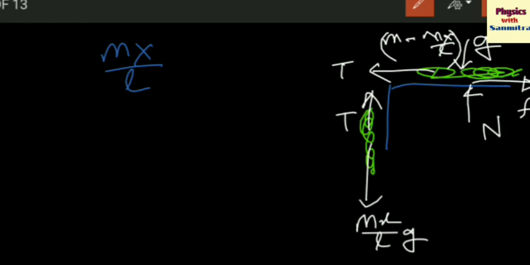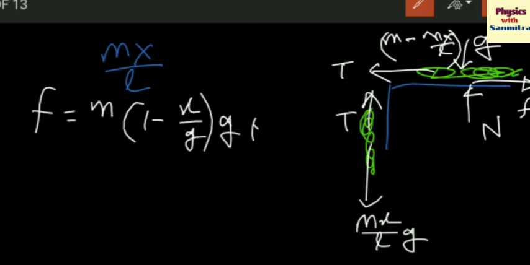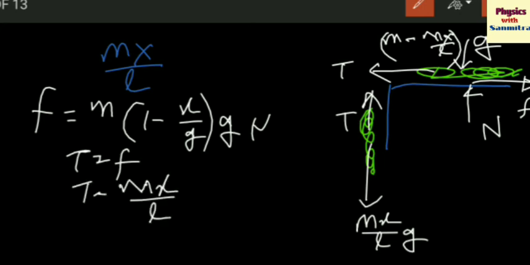Friction will be mu into N, and N will be M of 1 minus X by L into G, so that into mu is my friction. That friction will be equal to T, and also T is equal to MX by L into G.